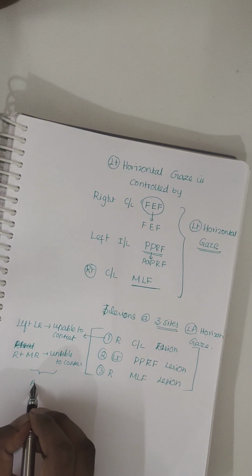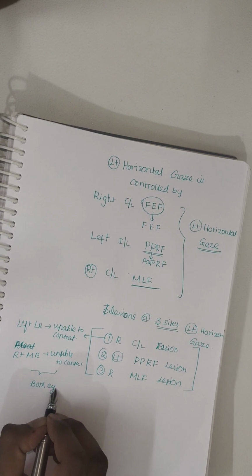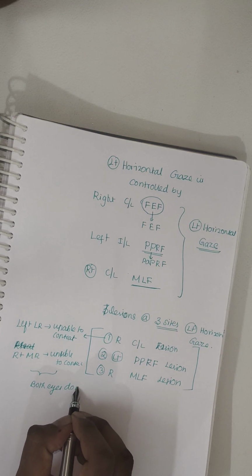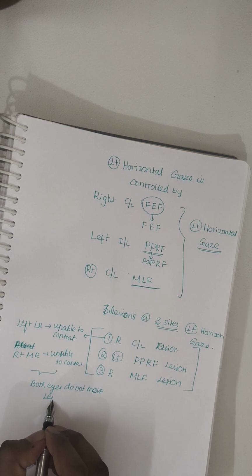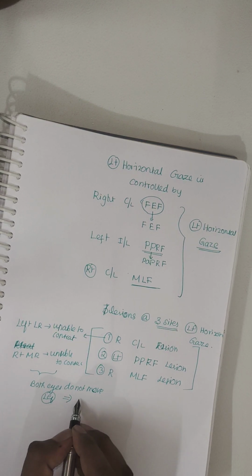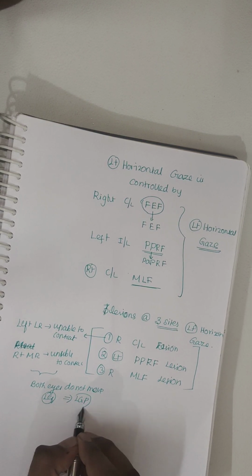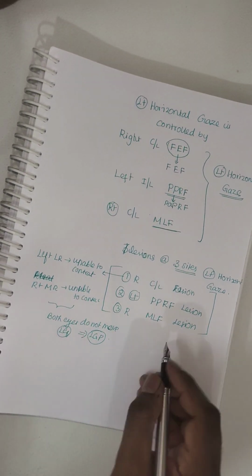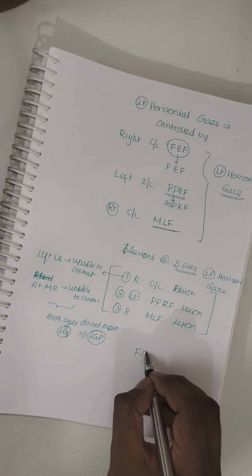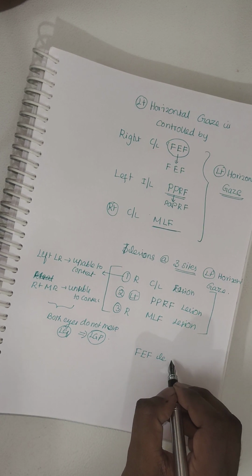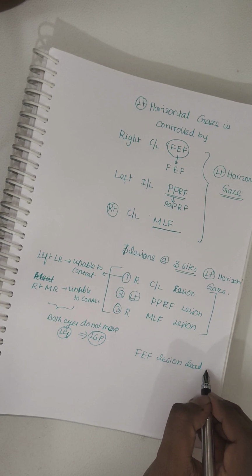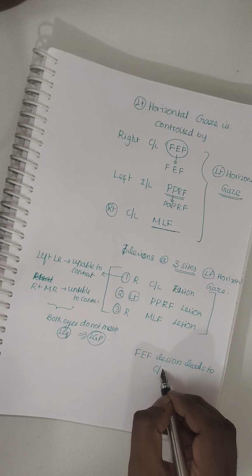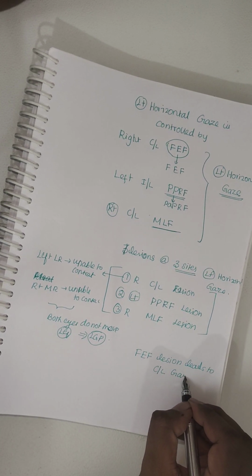So both eyes do not move towards the left. This is left gaze palsy. Therefore, FEF lesion leads to contralateral gaze palsy.